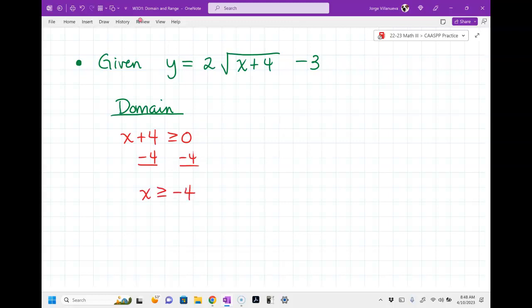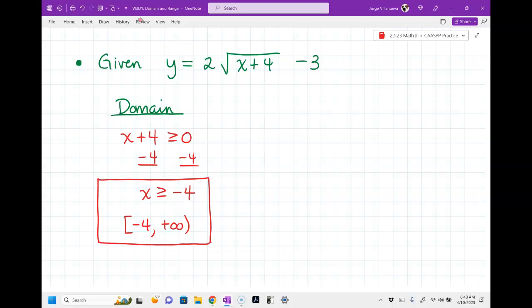That's my domain right there. You can either write it like that, or you can write it like this, because that says the same thing. It starts at -4 and it goes up forever. That's what x greater than or equal to -4 means. This is your domain. That's not too hard to do, right?